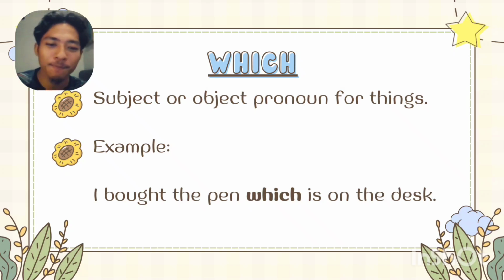For example, I bought the pen, which is on the desk. Which is the subject referring to the pen. The pen is a thing, so we use which. It can be used for either defining clause or non-defining clause.